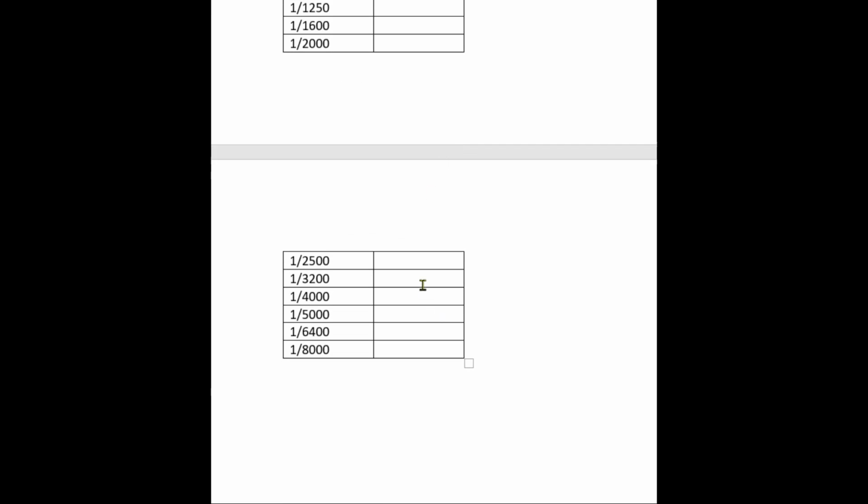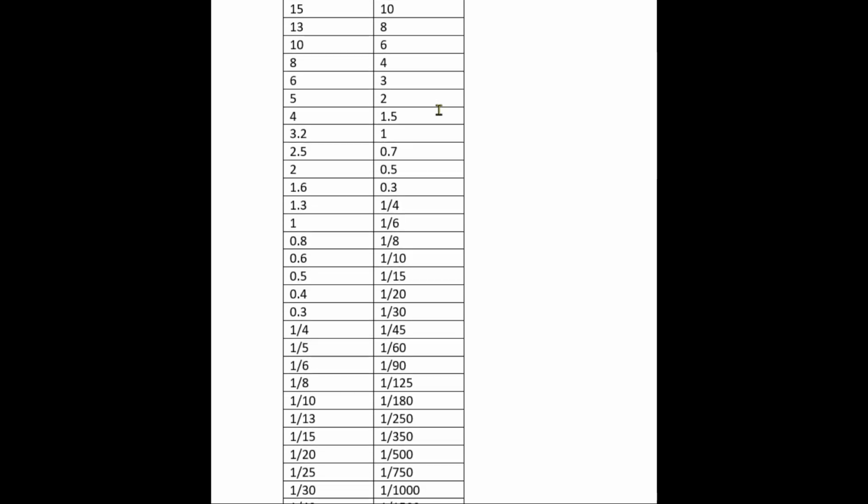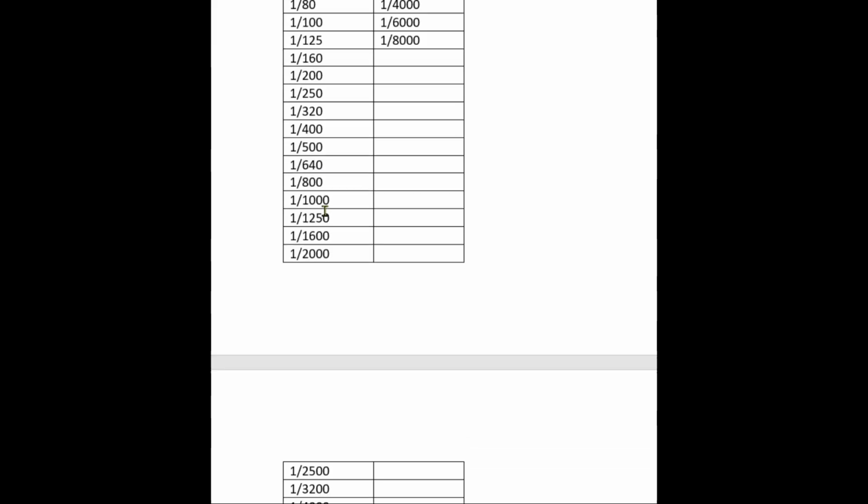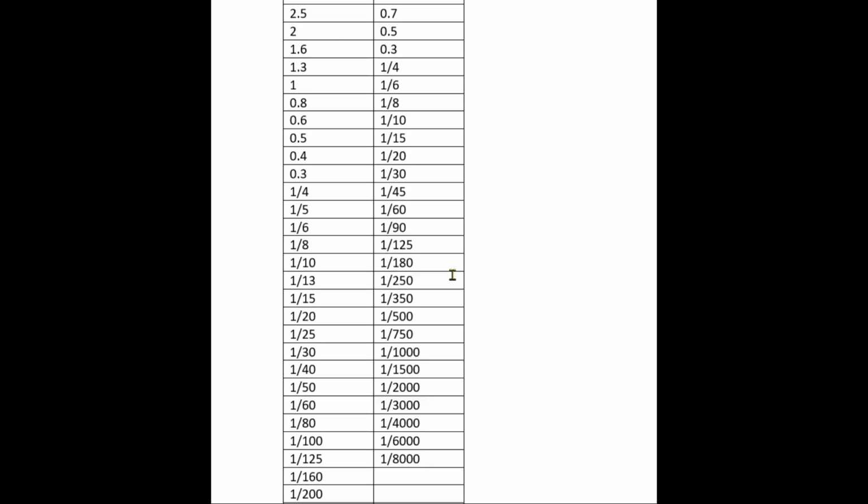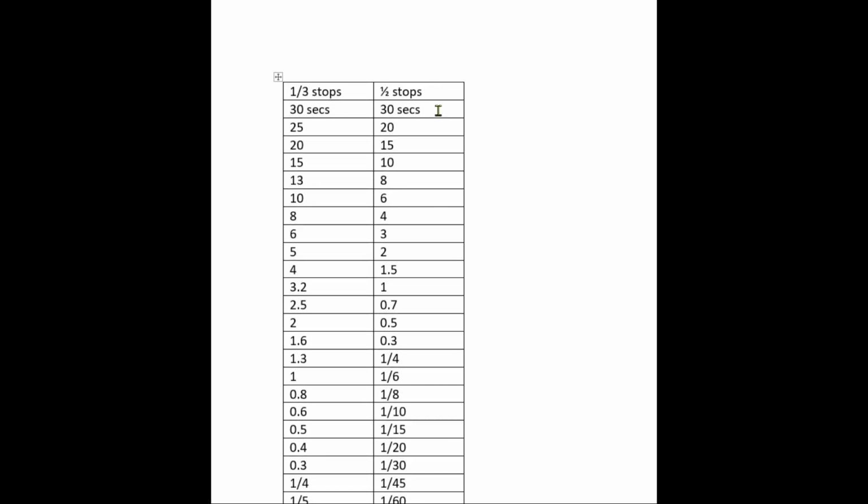But you can see there are fewer stops if you're using half stops. So you can balance it more accurately with the third stops, but if you don't like winding through all of those different stops, you might prefer to have it on half stops.